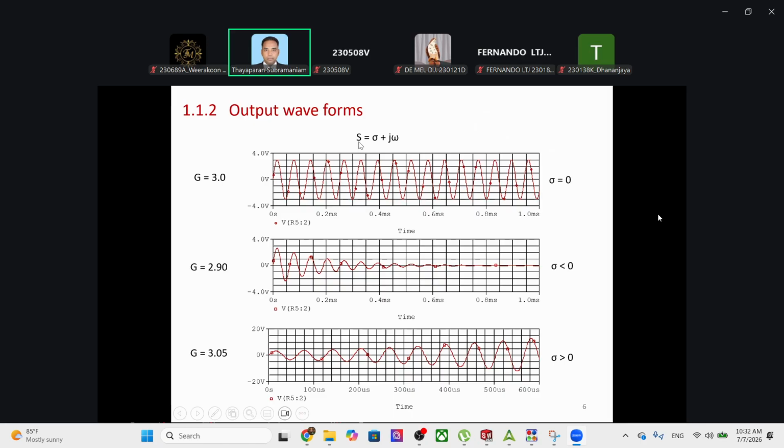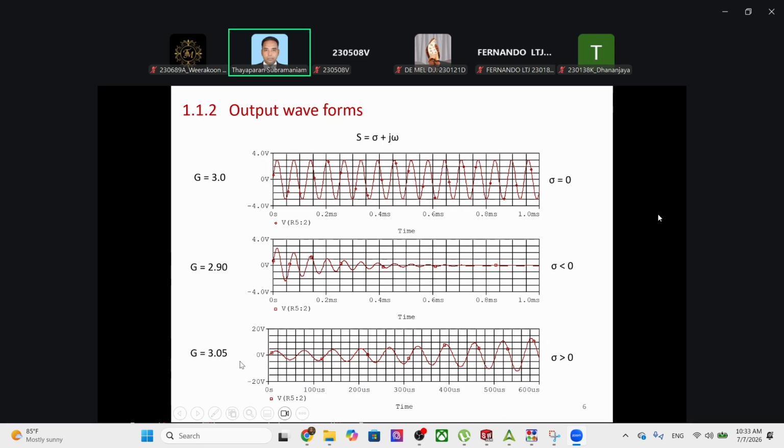That's where the s equal to j omega case comes in. Sigma is 0 here. We have to make sure the real part, sigma, is 0. If the real part is less than 0, e to the power minus sigma t, then the oscillation amplitude is reducing with time. So this is a transient response.